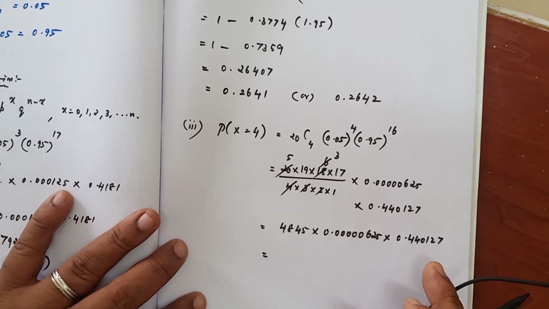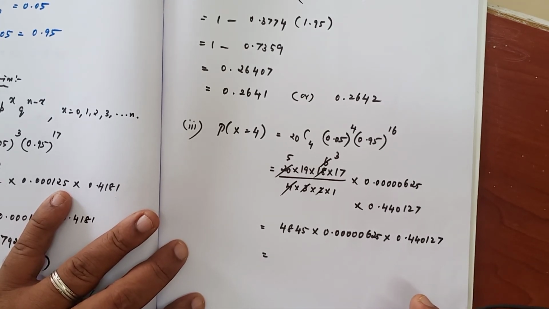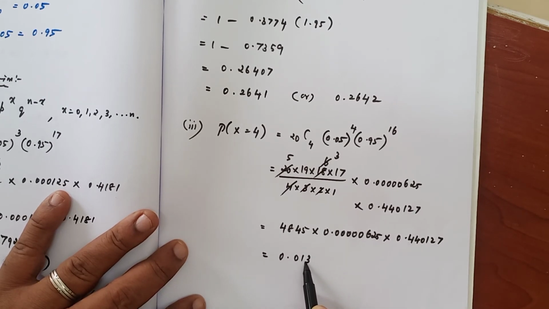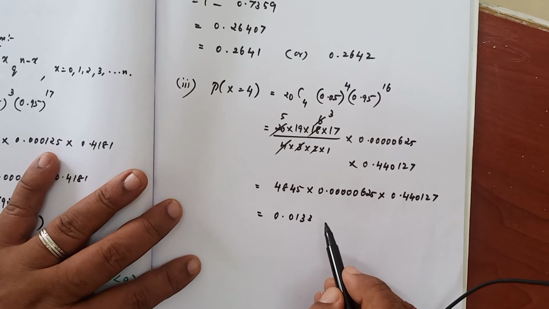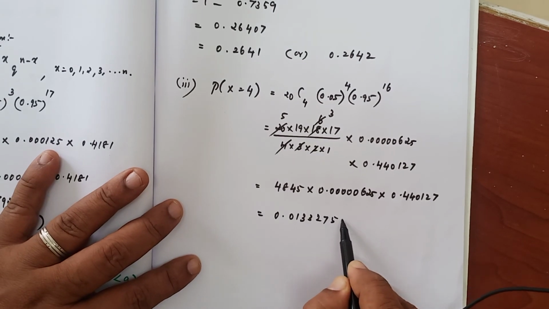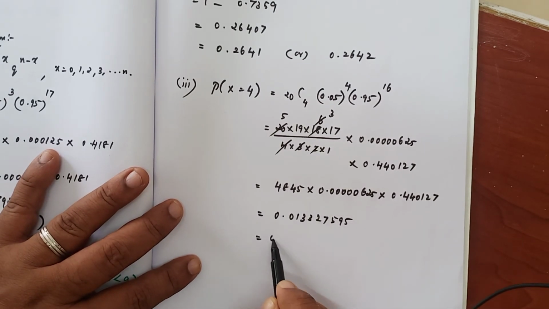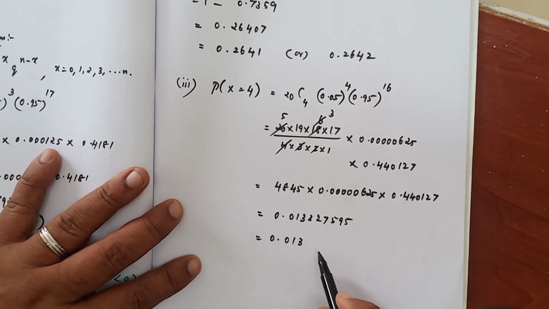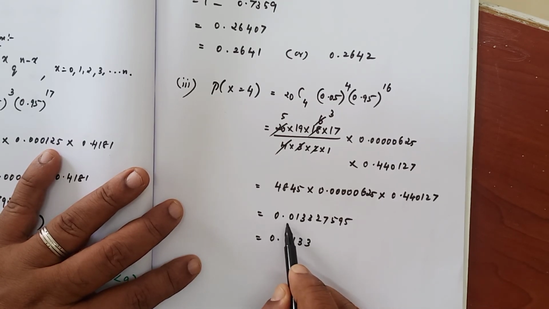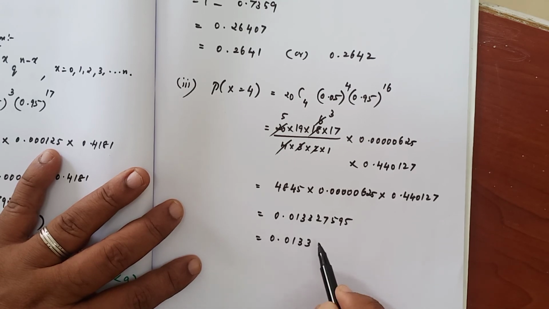If you multiply everything, you will be getting 0.0133 approximately. I have taken 4 decimal places. After that decimal point, I have taken 4 digits. You just write approximately.